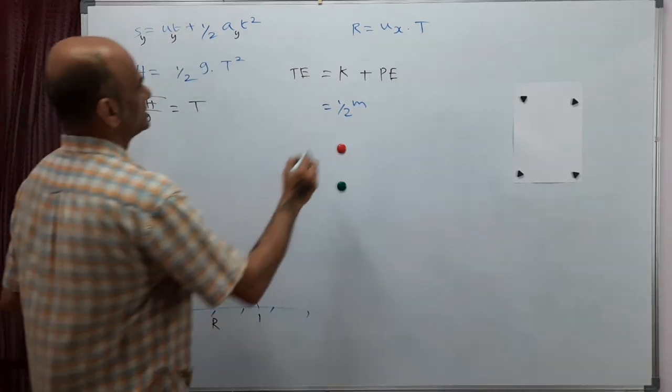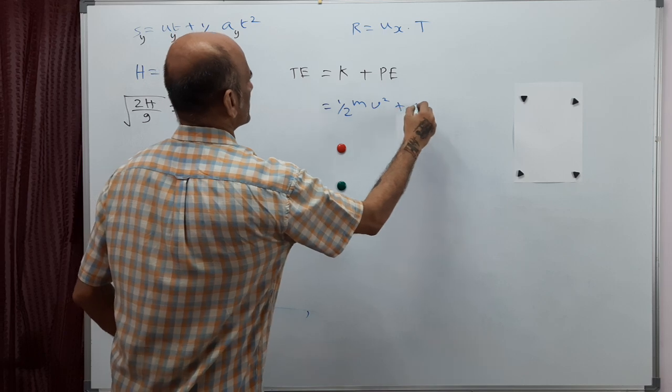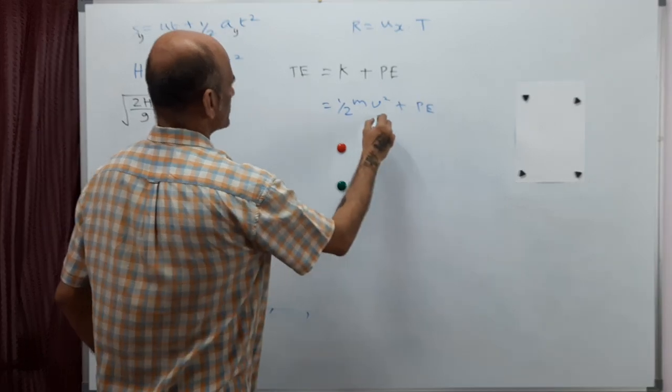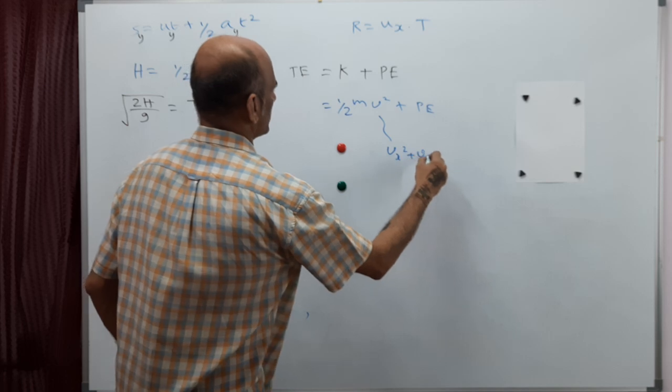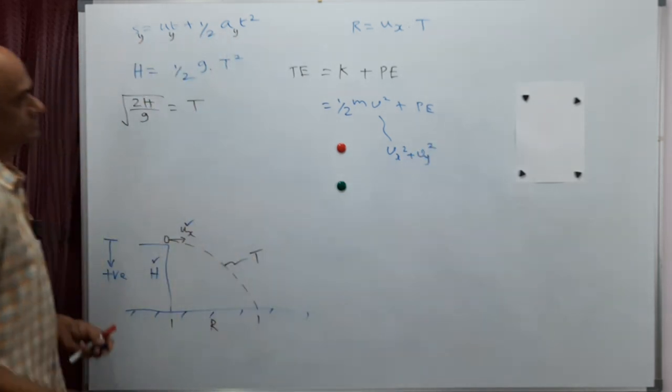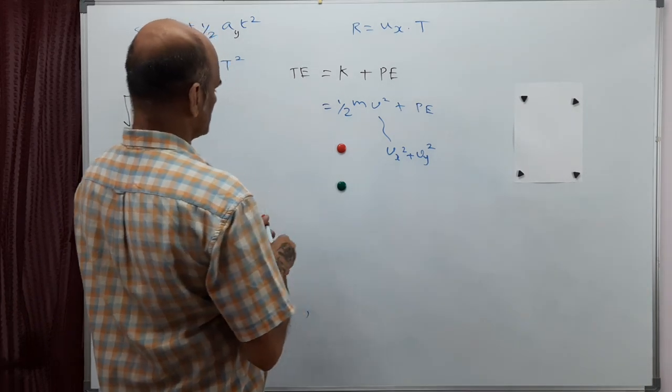The velocity at any instant, let it be v, and this v square can be written as vx square plus vy square, and vx is same as ux, it is not changing.